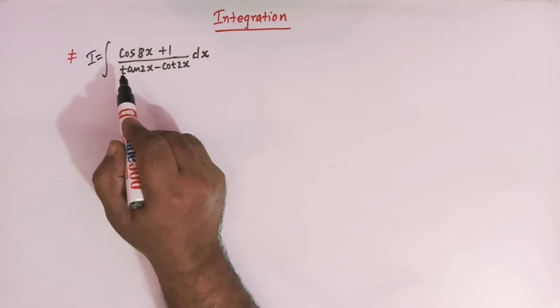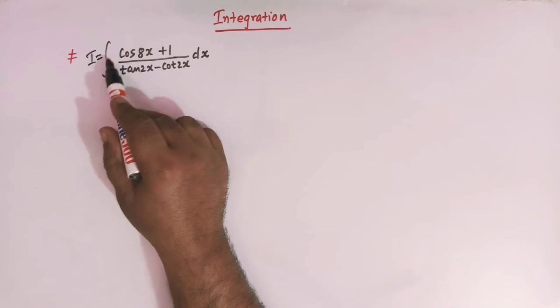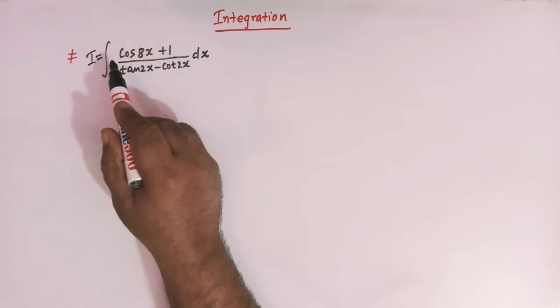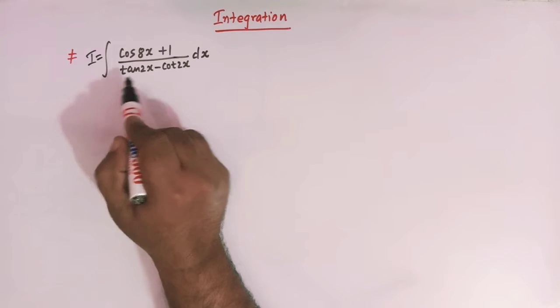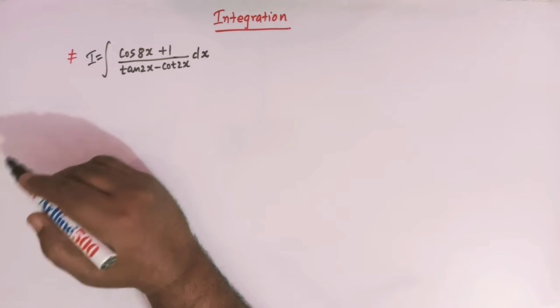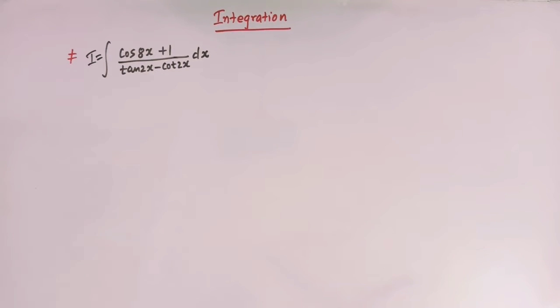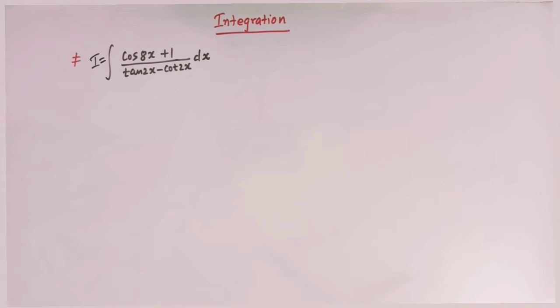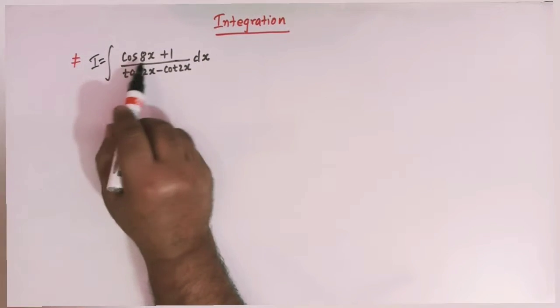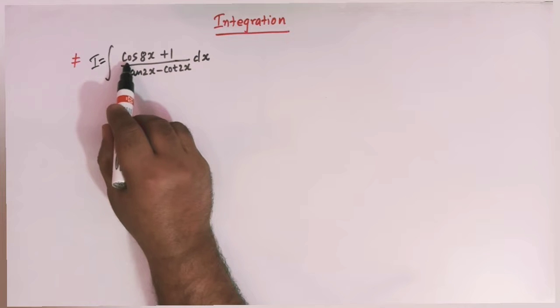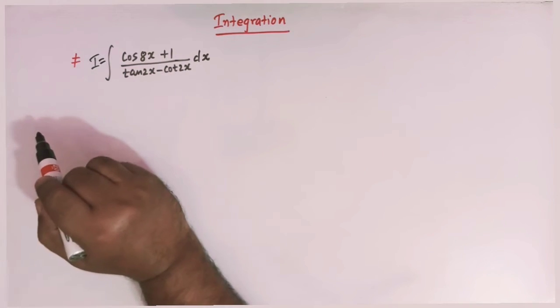First we will try to simplify this expression and reduce this integral into a known form. If we see the numerator, we have cos 8x + 1.